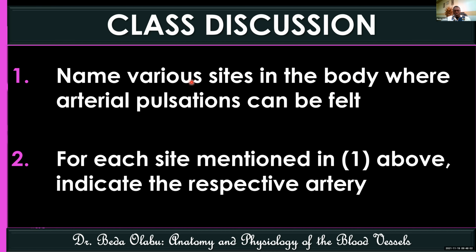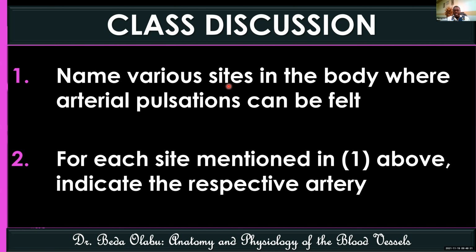And once you've mentioned those sites where you can feel the arterial pulsations, I also want you to mention the artery responsible for that pulsation in each case. For example, let's start with the most obvious one. One of the sites where you can feel pulsations is the anterior wrist, on the lateral aspect of the anterior wrist.